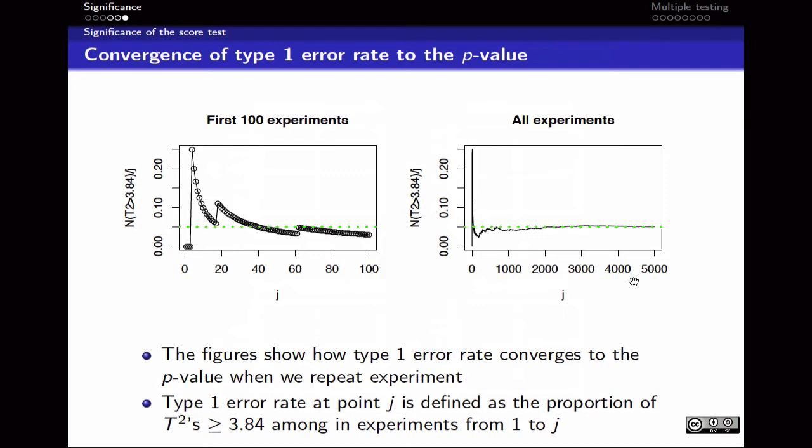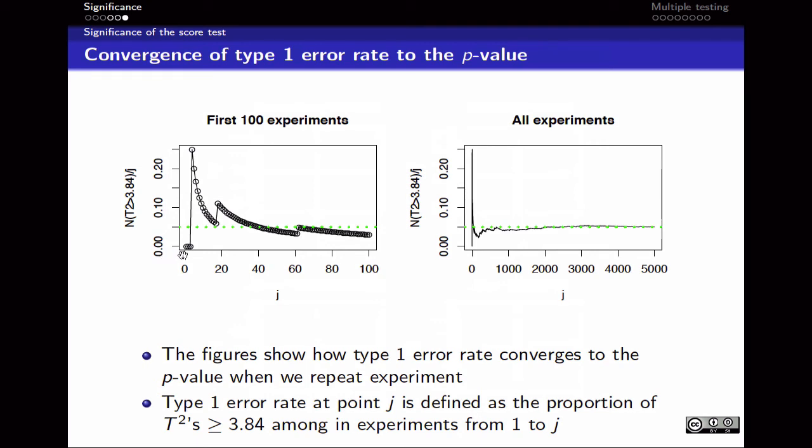So I'm repeating these experiments over and over again, and I present them using the following graph. Here on the x-axis I have the index of the experiment, so I start with experiment 1, 2, 3, 4, 5 and so on, and on the y-axis I write down type 1 error, so that's the number of chi-squares which are more than 3.84 divided by the current number of experiments.